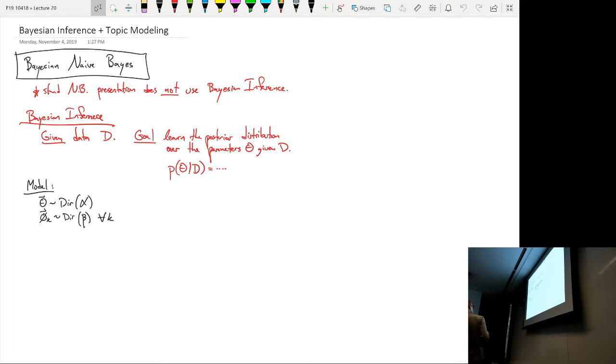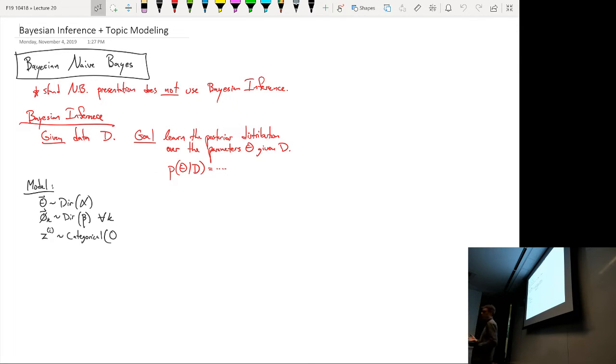And then we have a particular z, you could think of this as z_i, sampled from a multinomial, or if we prefer, a categorical distribution parameterized by theta.